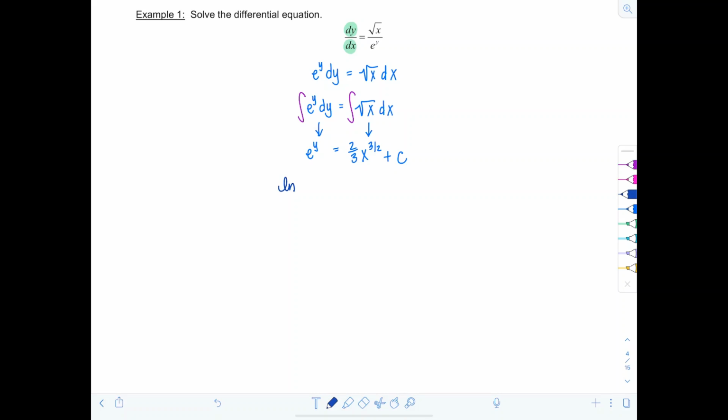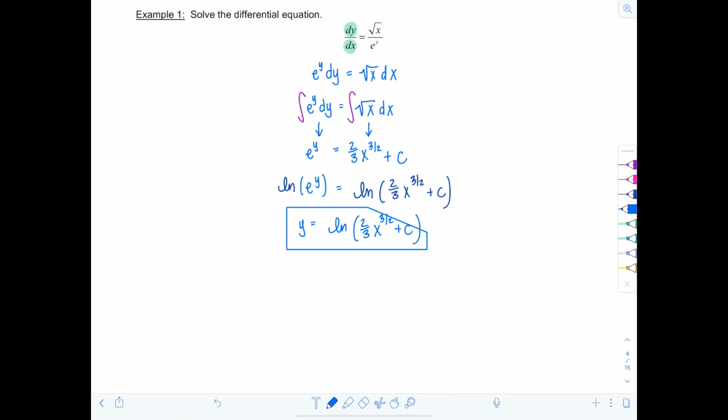So I have natural log of e to the y is equal to the natural log of 2/3 x to the 3/2 plus c. And then notice now on the left-hand side, I'm just left with y all by itself. And then I have natural log of 2/3 x to the 3/2 plus c.